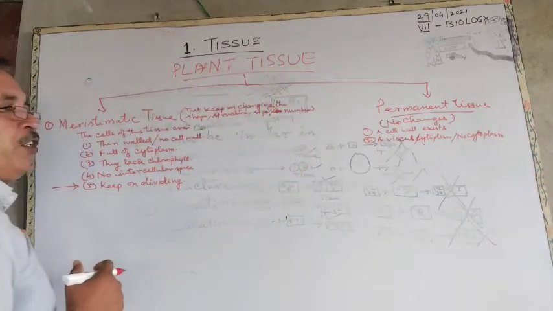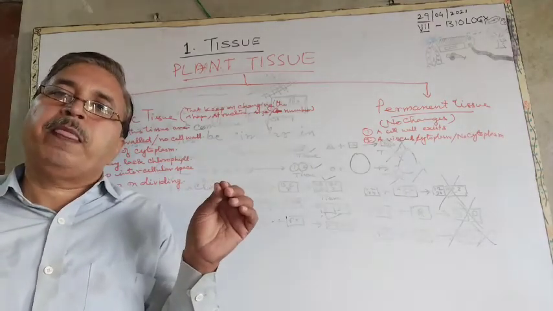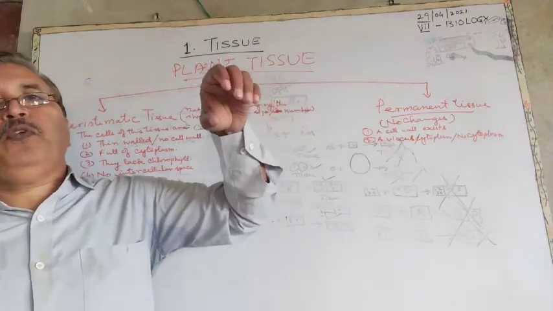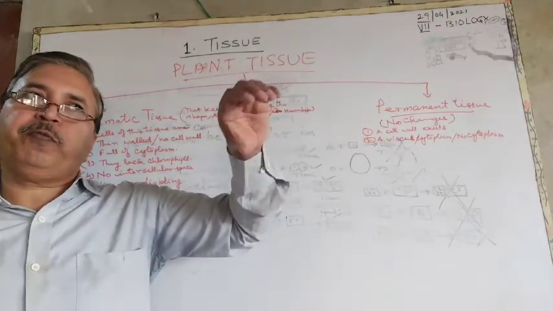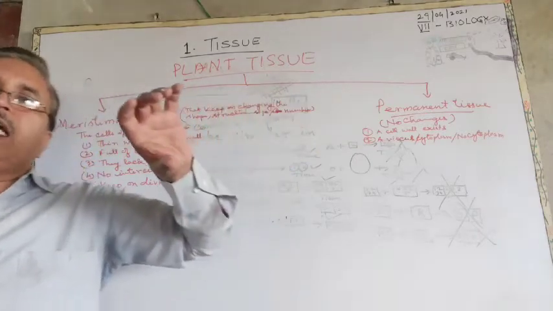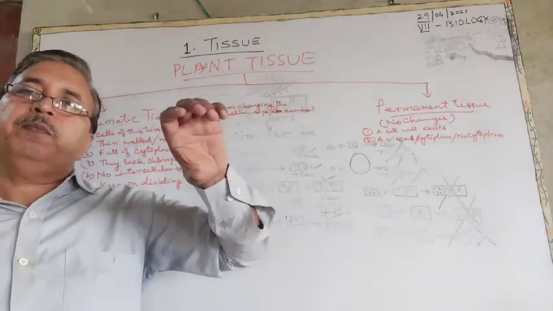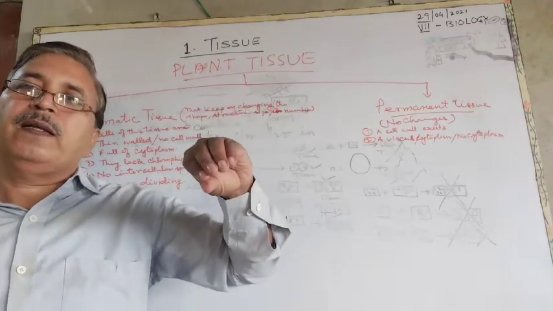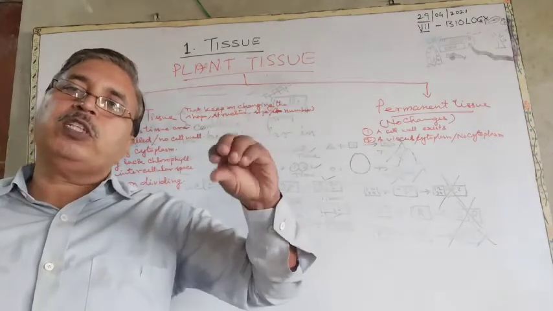A viscous cytoplasm, thick, like water and honey. If you pour water, it will flow freely, it comes down freely. But if you are pouring honey or ketchup, it comes out slowly, right? They will not have free flow.